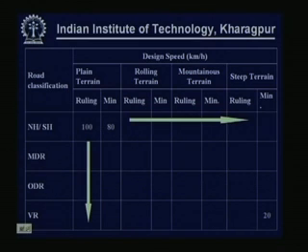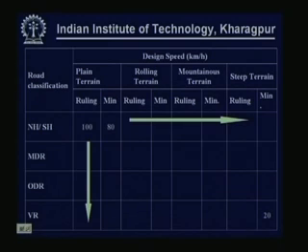Obviously, we are convinced now that design speed will vary depending on the type of road. So, a typical value for Indian condition is given here, maybe 100 km per hour. There will be a reduction in the design speed as we move from national highway or state highway to major district road, shown as MDR, to further ODR, other district road, and to village road.